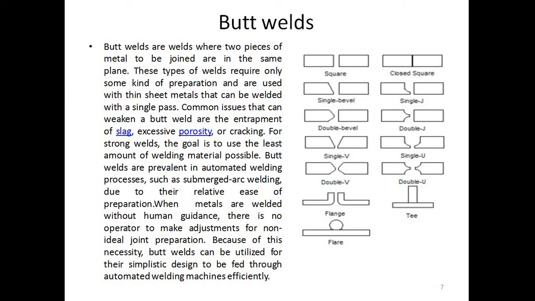Then single J, where one edge is straight and the second is in the shape of a J. It's called a single J. Then double J, when we are going to join, one is a straight face, a straight surface, and the other is a double J. Then single U, the edges of the surfaces are in the form of U. Then double U, the surface is in the form of two U's, a U shape on each side.